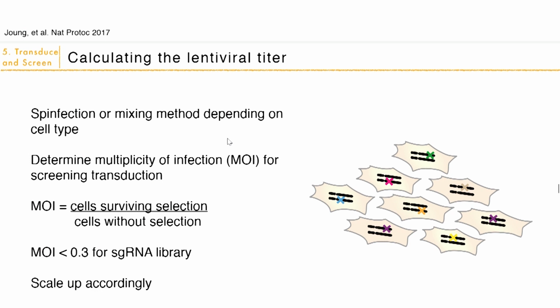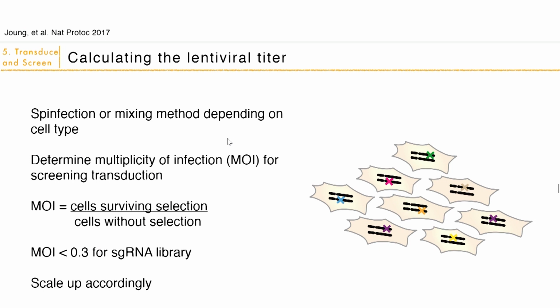And what this is, we will either spinfect or mix, depending on your cell type of interest. Spinfection is more efficient than mixing, but at the same time, not all cells can handle being spun for 2 hours, and so we provide both methods. And what you do is you put different amounts of lentivirus onto your cells, and then after selecting for 3 days using whatever drug corresponds to your library, you can calculate the multiplicity of infection, which is a ratio of the cells that have survived your selection versus the cells that did not survive selection.